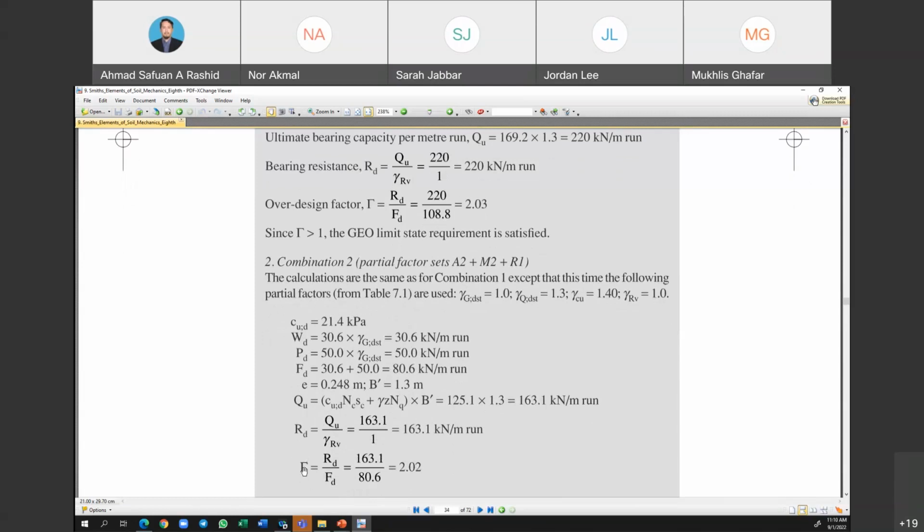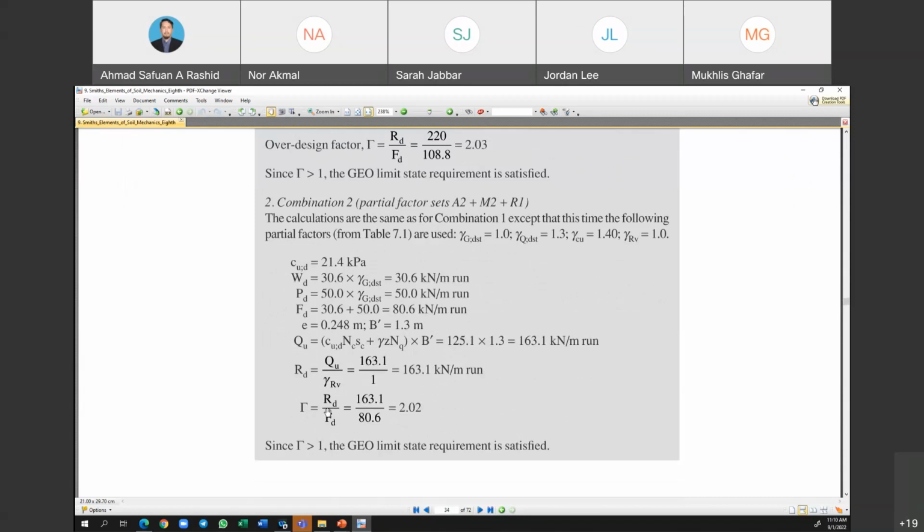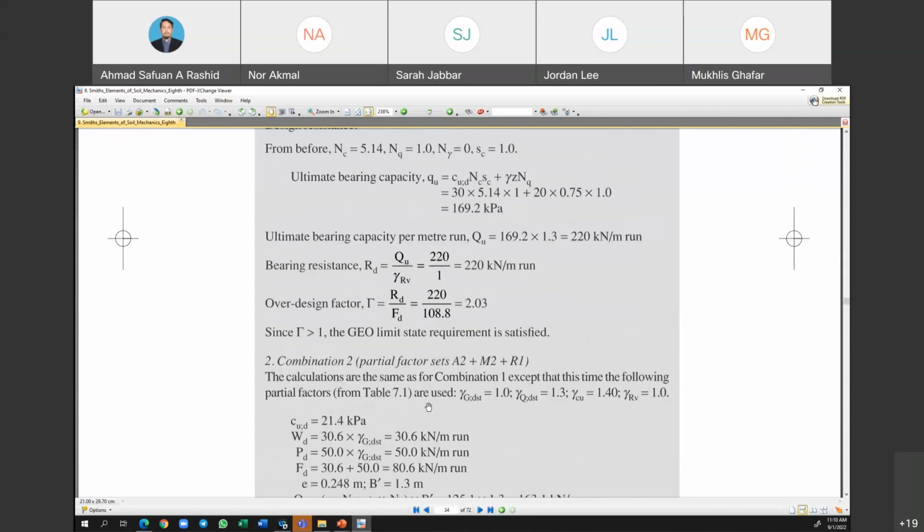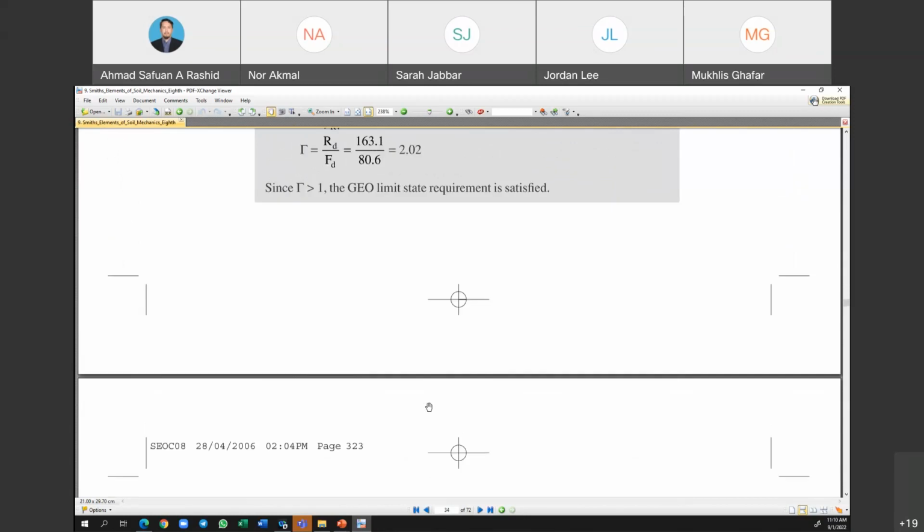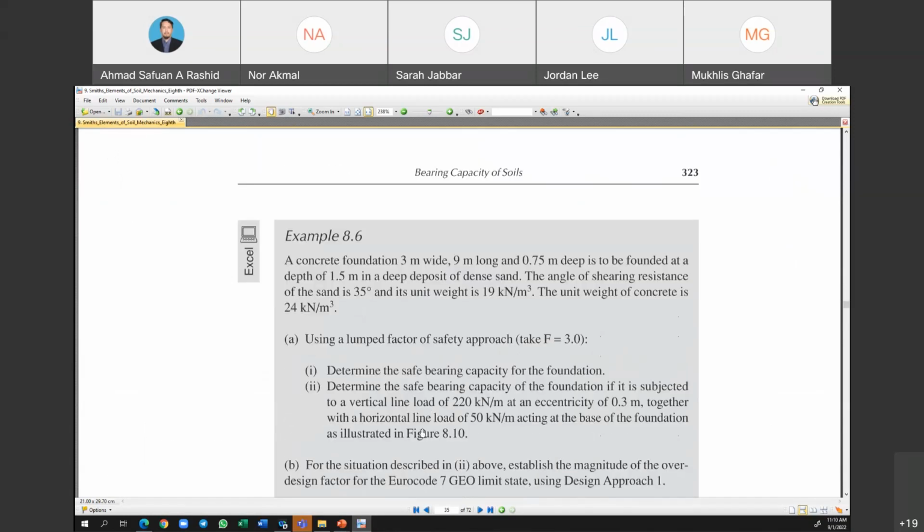So the over design factor is 2.02. Since it's greater than 1, the geo limit state requirement is satisfied. Combination number 2 gives a lower value than combination number 1. So that is for the first example, for the undrained or clay material.